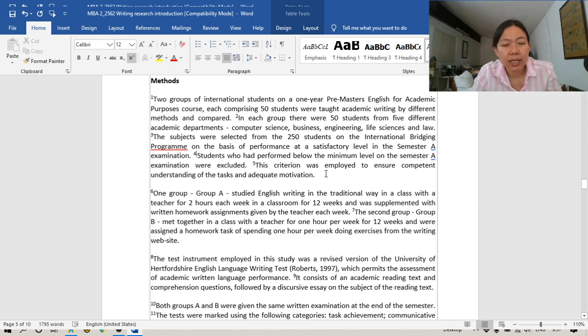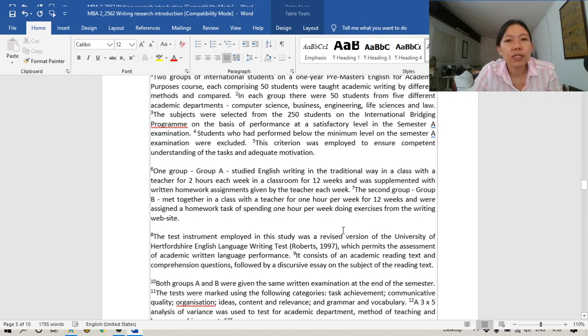On the next sentence, the criteria were employed to ensure competent understanding of the task and adequate motivation. So this sentence gives a reason why the researcher used a test score to select the participants. So again, the third, fourth, and fifth sentences are all talking about sampling technique.